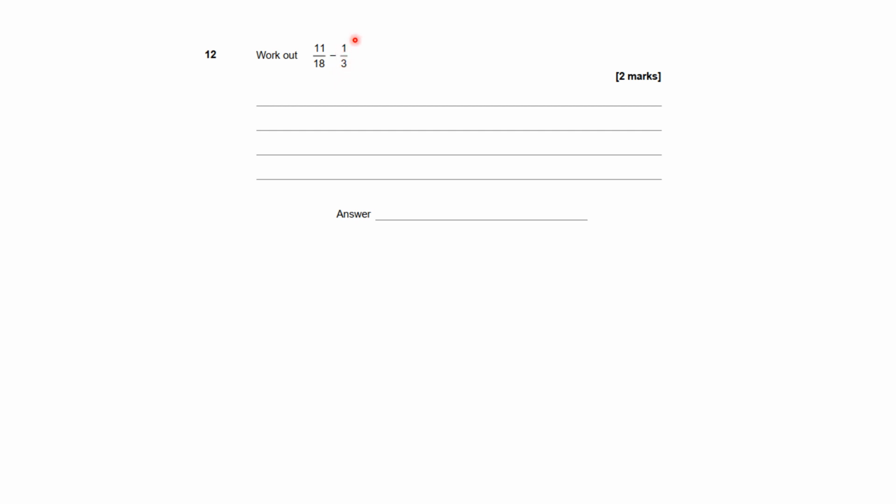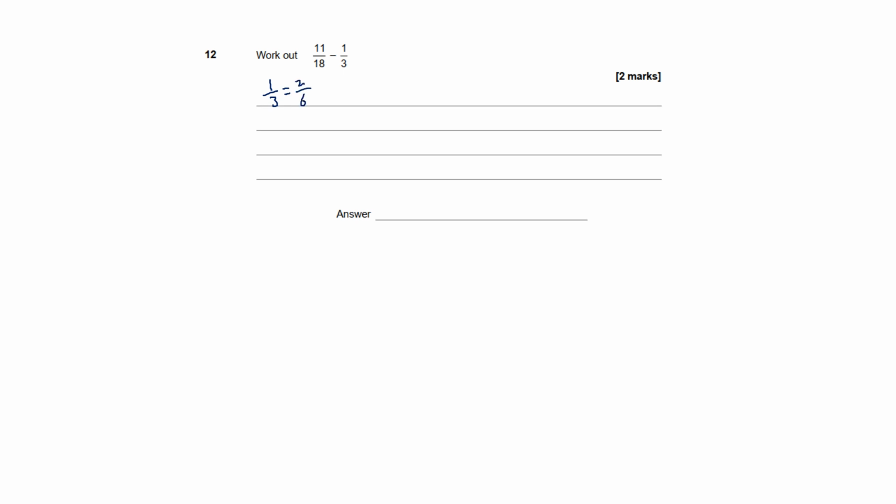So I'm going to take 1/3, and when you've got a fraction, you're allowed to times the top number and the bottom number by the same number and it's the same fraction. So what I mean by that is 1/3, let's times everything by 2, is the same as 2/6.